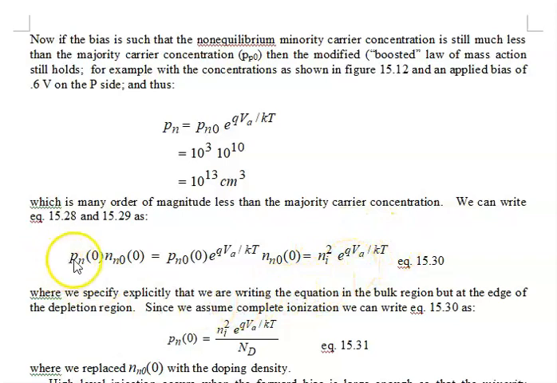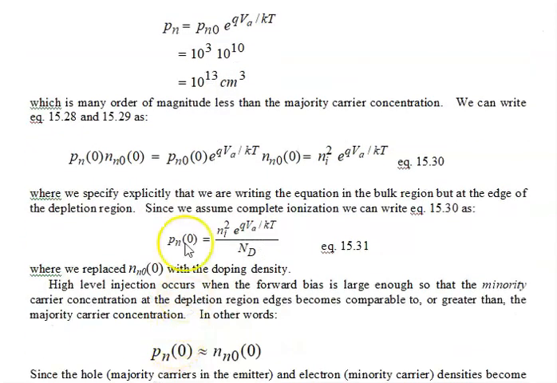I can write for Pn0 that take the right side of the equation and divide it by Nn0 at 0, which is just the doping. In this case, 10 to the 17th. That's the doping density in the base. Okay, all that is review.